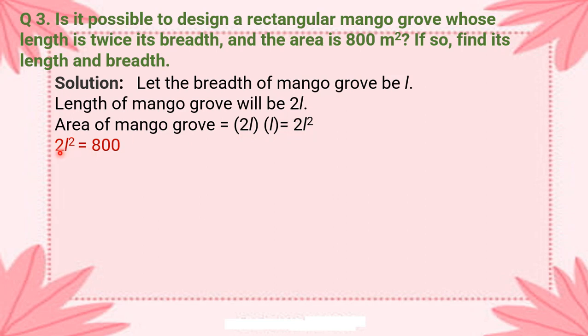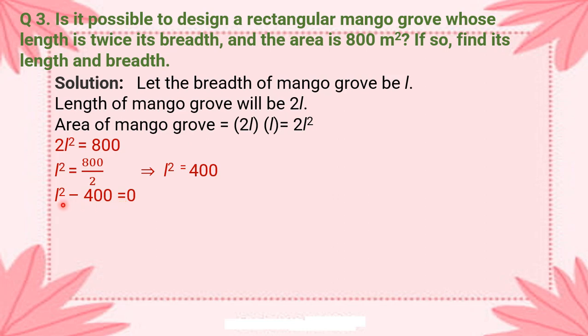Now this area 2L square is 800, so 2L square equals 800. Transposing the 2 to the right hand side, we get 800 upon 2. So L square is equal to 400, or L square minus 400 is equal to 0.